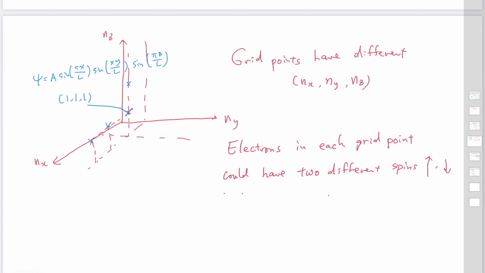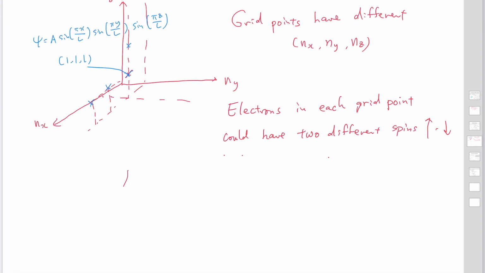The number of states, you can calculate the number of states N. It can be expressed with n_x, n_y, n_z all having to be positive. So you have to multiply by 1 over 8, because n_x is positive, n_y is positive, n_z is positive.